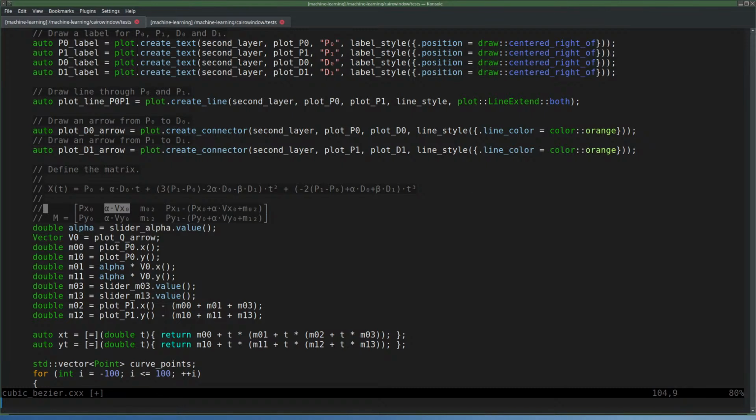So I really want to fill this in. Why not? So this is this vector, but then just x coordinates.